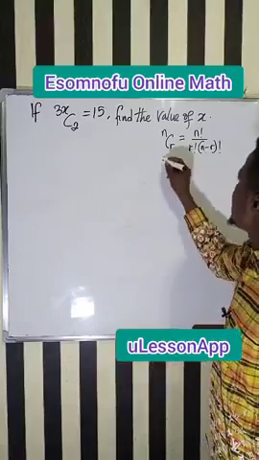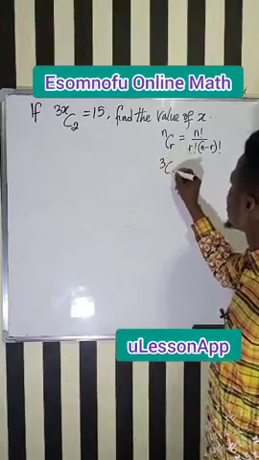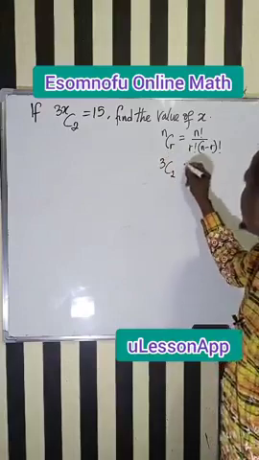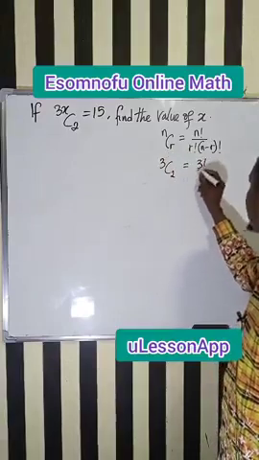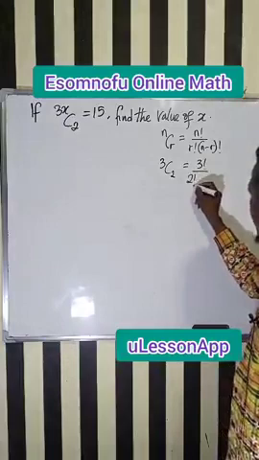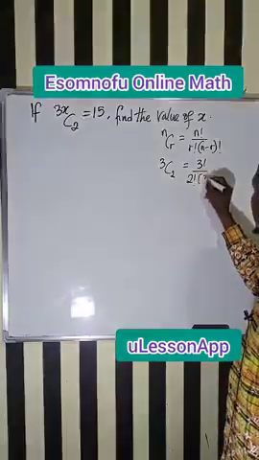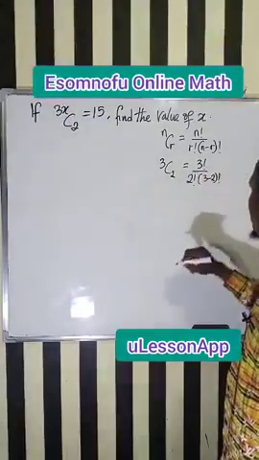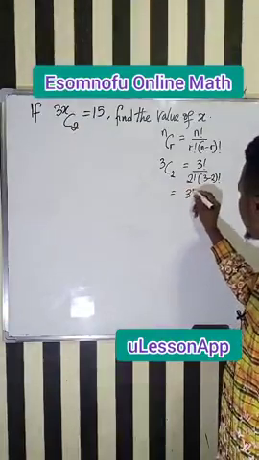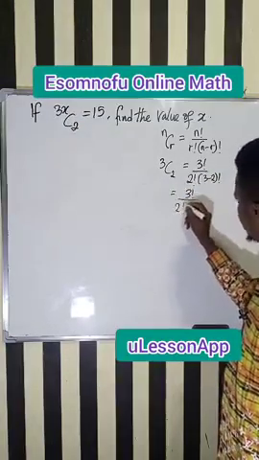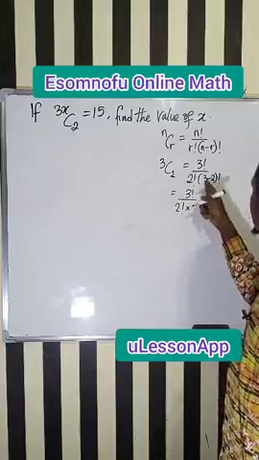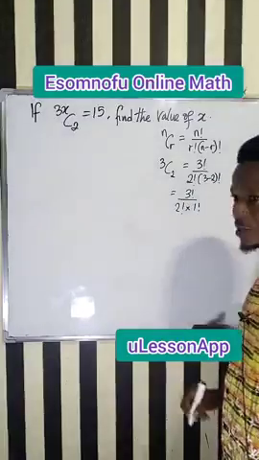Okay, now supposing you have something like 3 combination 2, for instance. This will be the same thing as 3 factorial over 2 factorial into 3 minus 2 all factorial, which will give you 3 factorial over 2 factorial, then times 3 minus 2 is 1 factorial.